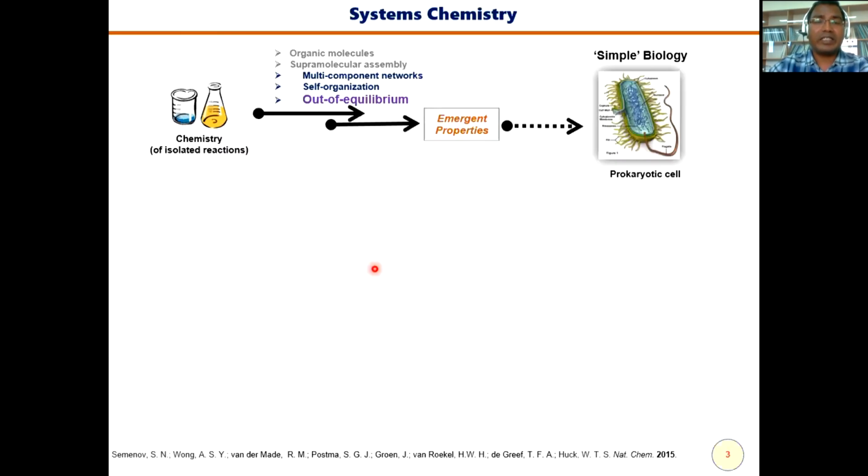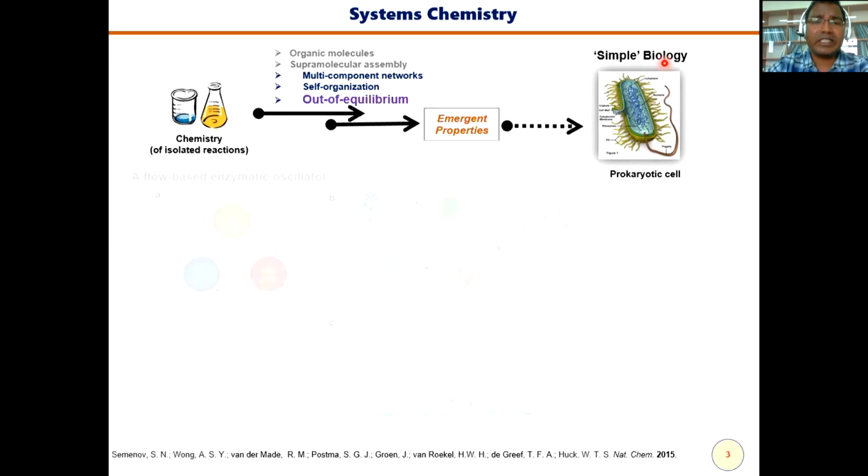And then in recent years, systems chemistry has given great attention to emergent life-like materials. In this concern, organic molecules combine together by supramolecular assembly and form a multi-component network which self-organizes under out-of-equilibrium conditions. It gives emergent properties, like a prokaryotic cell, which is simple biology.